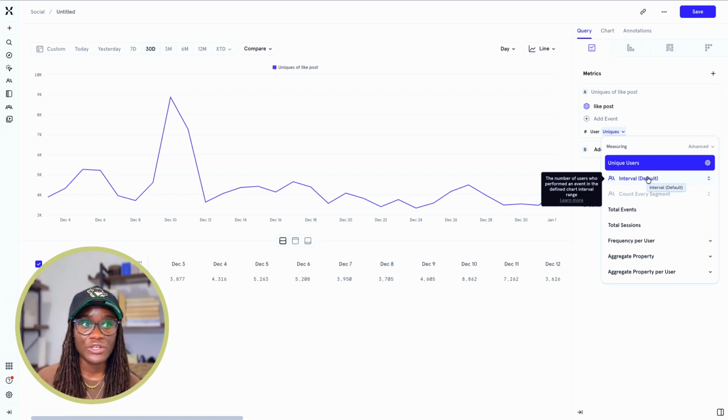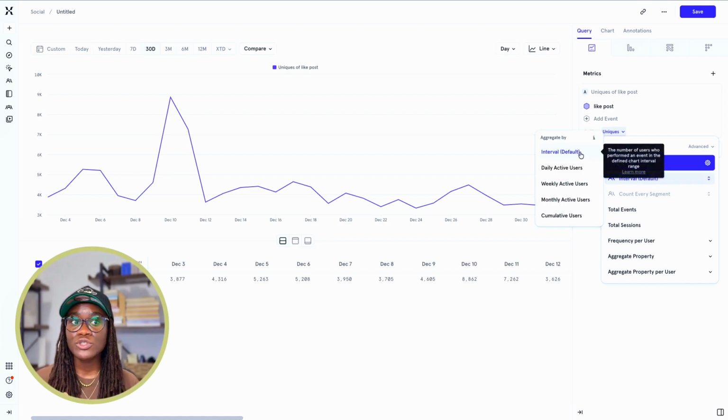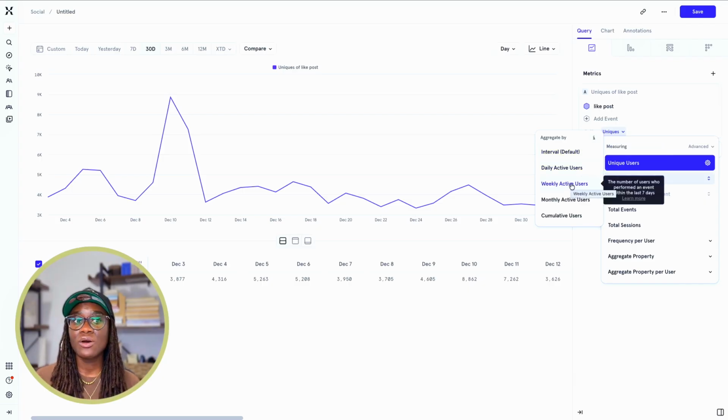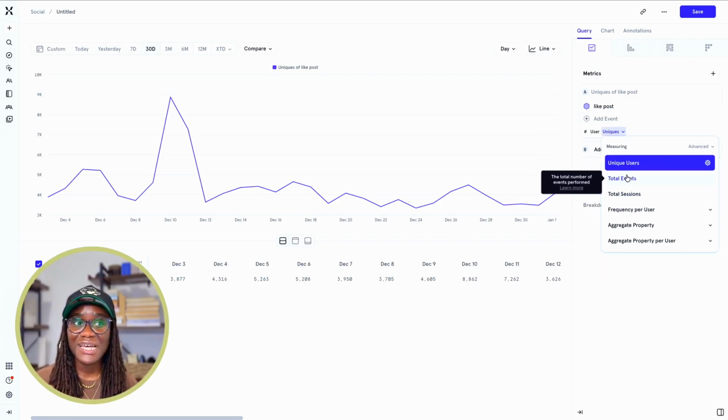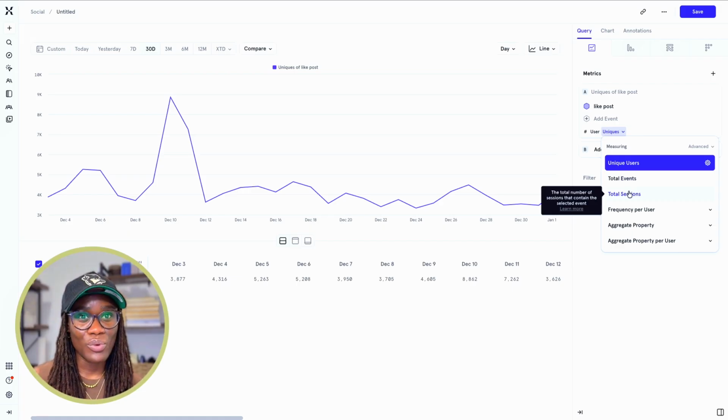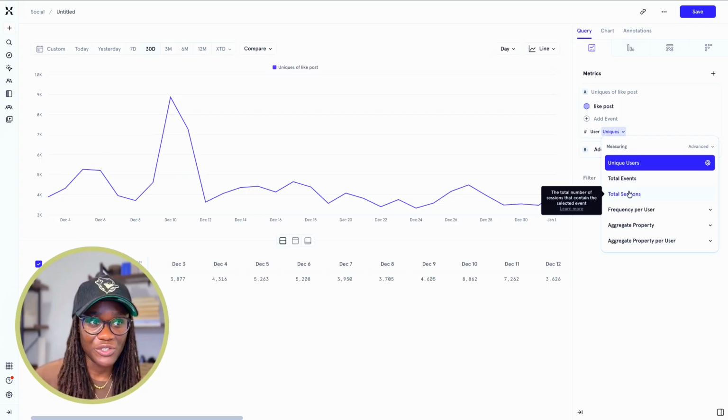So that is the difference. Your unique by default shows an interval, but you're able to switch to your daily, weekly, and monthly active users. And this is a very simple, although ineffective, way of measuring retention of your product. So these first three, the unique users, total event, and total sessions, are what I would call the simple ways of how to measure.